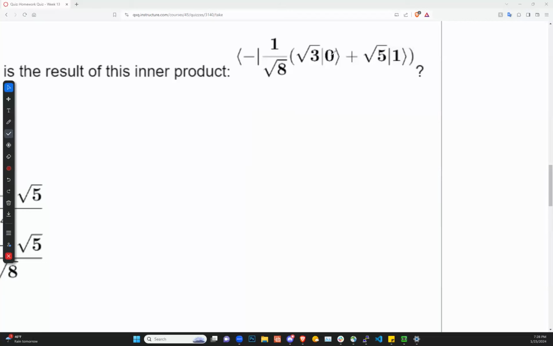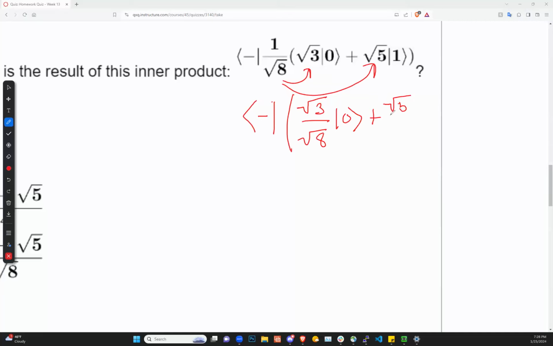So what we're going to do is, as usual, or I guess same as what I did last time, I'm going to distribute this in here. So I'll get the inner product of the minus state with the square root of 3 over the square root of 8 times the 0 state from multiplying these two, plus the square root of 5 over the square root of 8 times the 1 state.